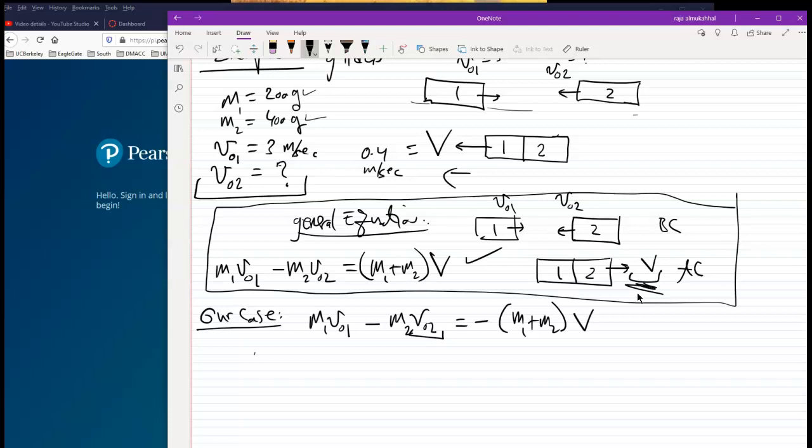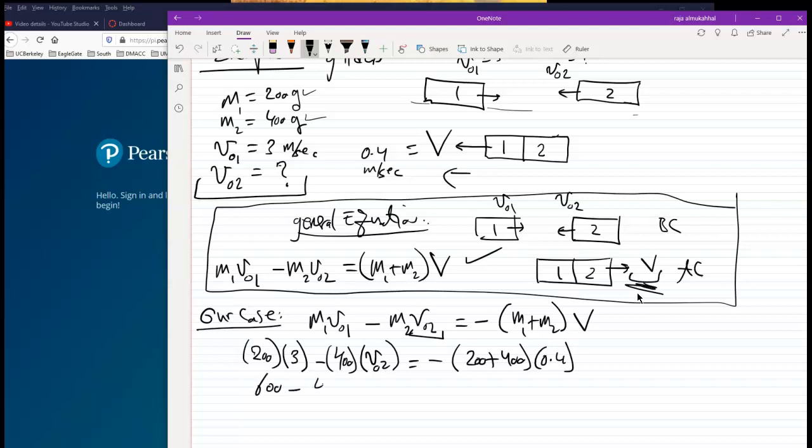So that's going to be 200 times 3 minus 400 times V02 equals minus (200 plus 400) big V. I forgot V is given to us. It is 0.4, correct? So we have here 600 minus 400 V02 equals minus 600.